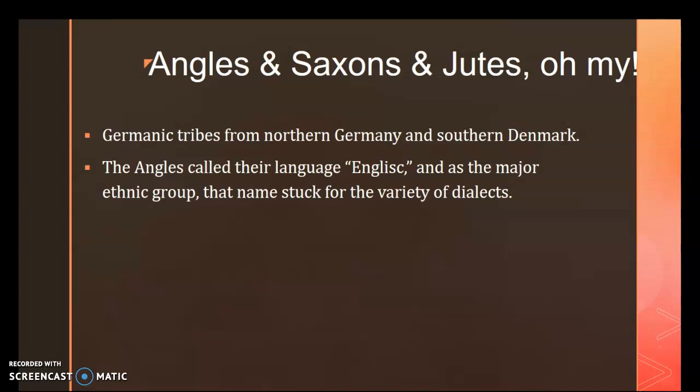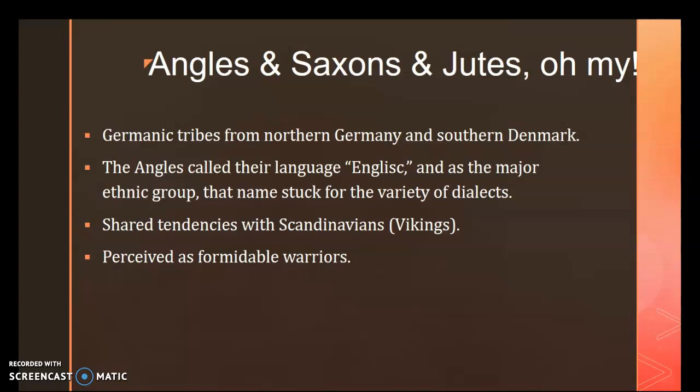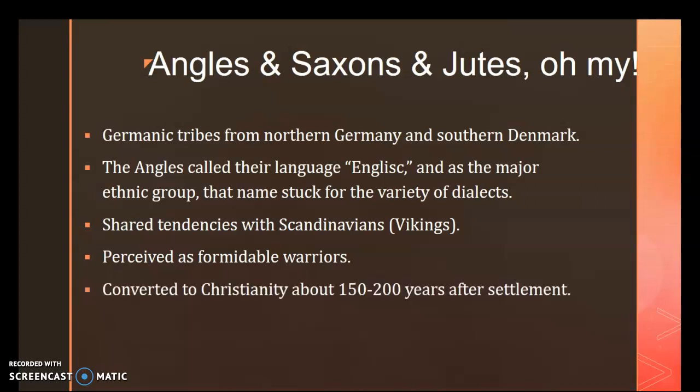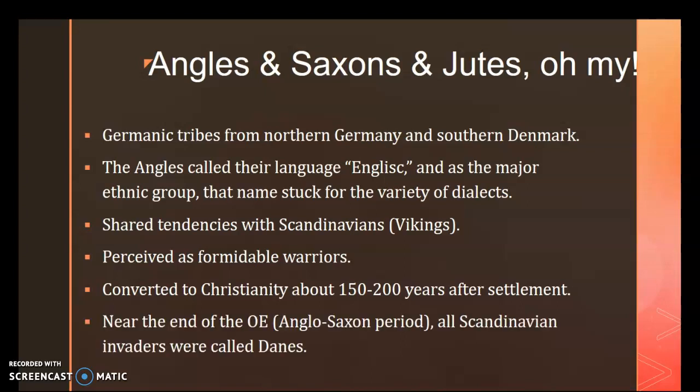The Angles shared many similarities with the Vikings. They were perceived as great warriors, and although they were originally pagan, they converted to Christianity about 150 to 200 years after settlement. Near the end of the English period, all Scandinavian invaders were called Danes, despite where they were from.